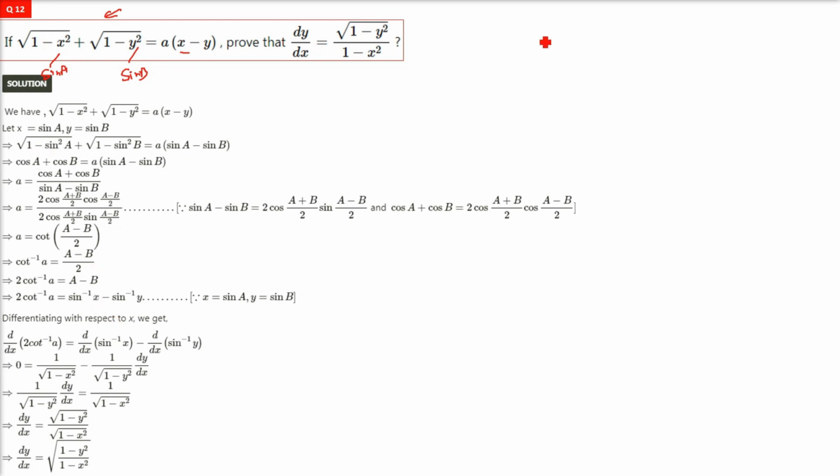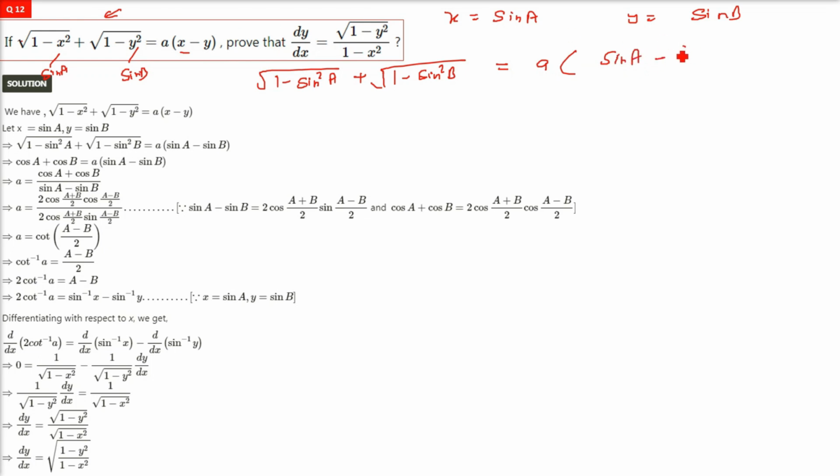I'll just show you. So we have x equals, you can take anything, sin theta, sin whichever you want. I'm taking sin A. So x is equal to sin A, y is equal to sin B. So this is under root 1 minus sin square A plus under root 1 minus sin square B. Now this is A into x minus y. What is x? Sin A. What is y?